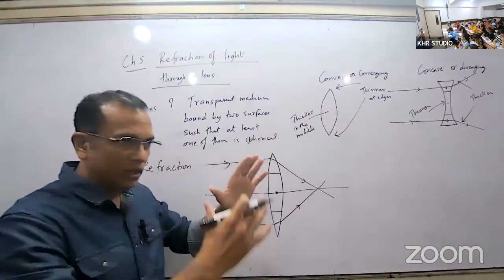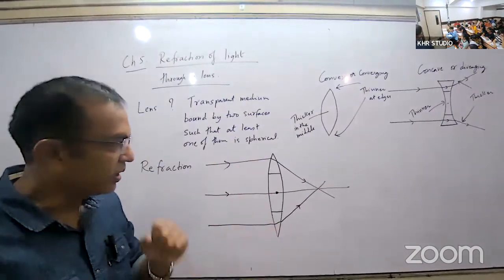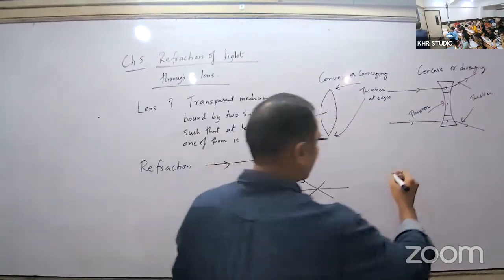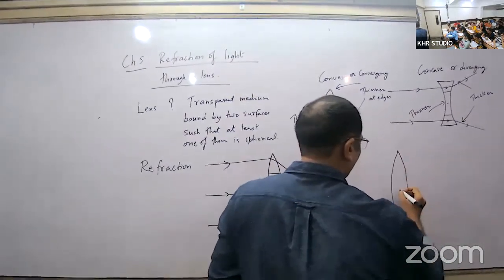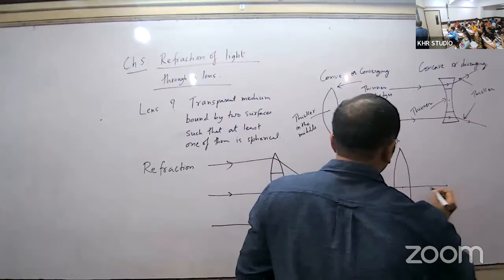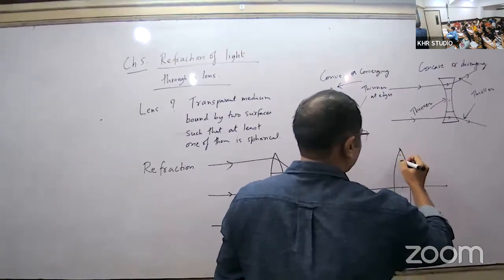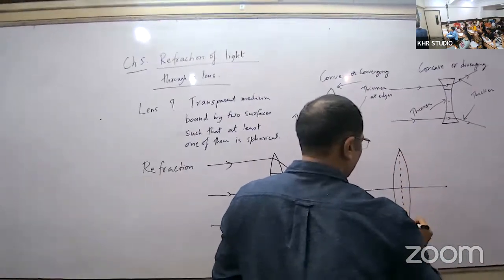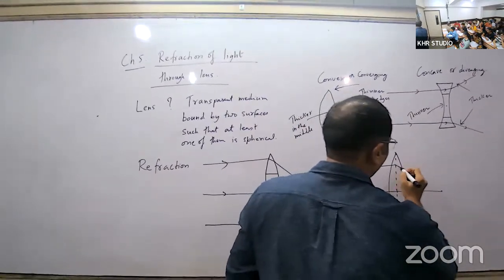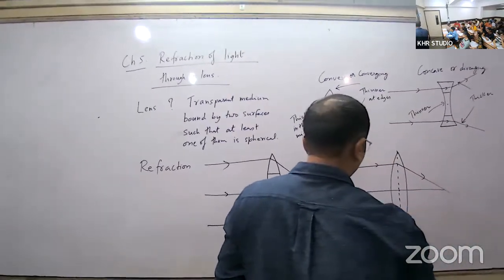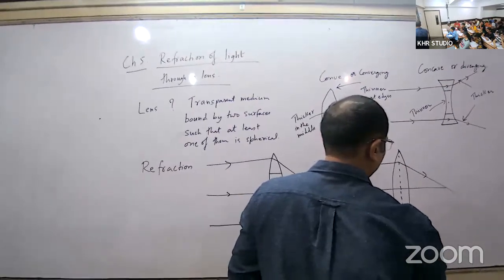But in the actual ray diagrams that we'll be drawing, for this case, we'll be drawing like this. So let's say this is the center of the lens. We'll bring the rays till the center and then you will see just one bend. Not two bends.